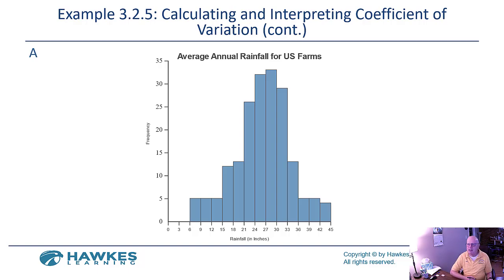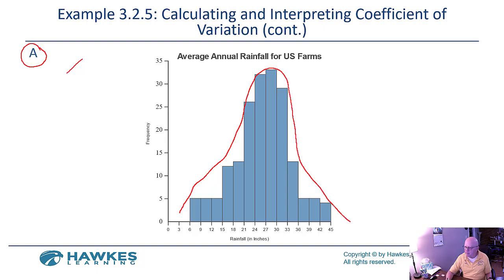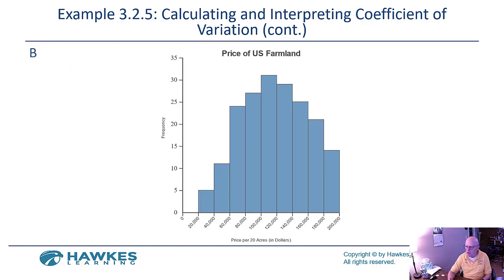Well, here's data set A. Notice what it looks like. It has sort of a nice bell-shaped curve. For data set B, it's got also a bell-shaped curve, but it's different.